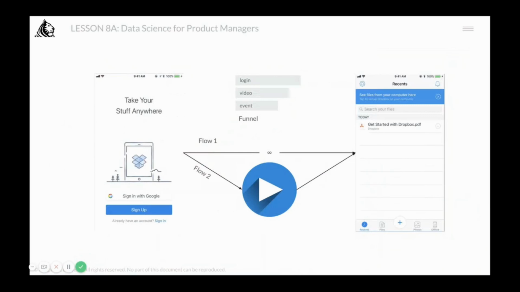The alternative hypothesis is that the mean time after the video is introduced will be smaller. Right? This is exactly what the product manager is also measuring by comparing the two funnels we described earlier.